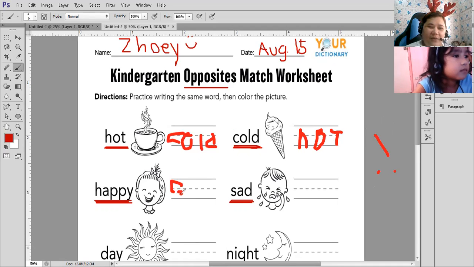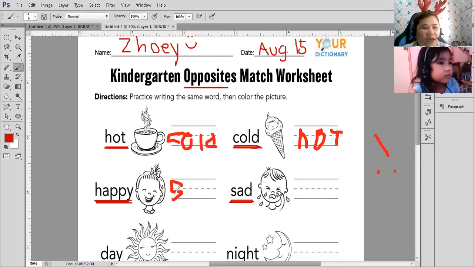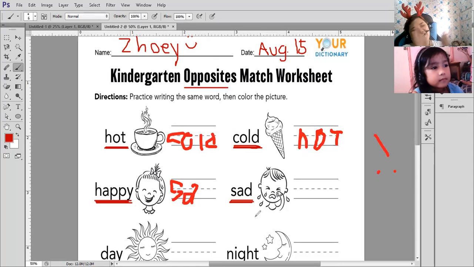Oops, sige, okay lang. Wow. That is letter S. Very good. It's okay now. It looks like it can be a Christmas. Sige, go. Try. You can do that. Wow.